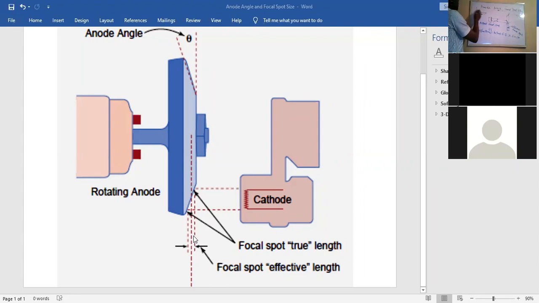So if you want to have the effective focal spot, the angle should be less than 45 degrees, usually less than 45 degrees. So that's why this is showing 7 to 20 degrees as the best anode angles for all the imaging equipment using X-ray. Effective focus point is the actual focus point multiplied by the anode angle.